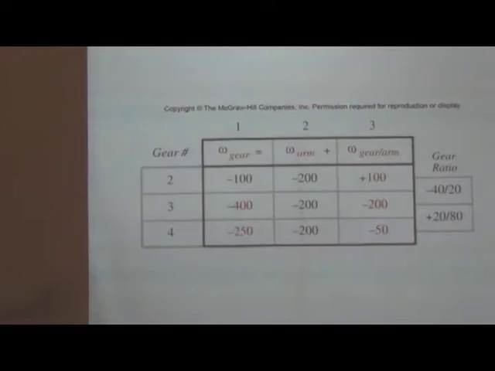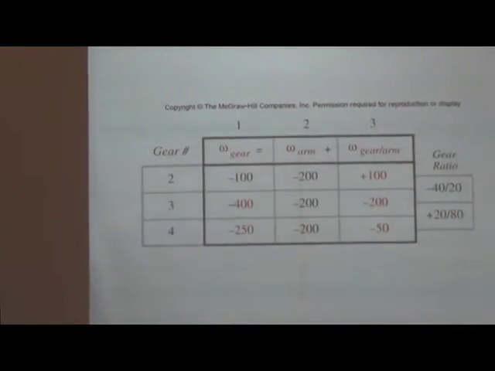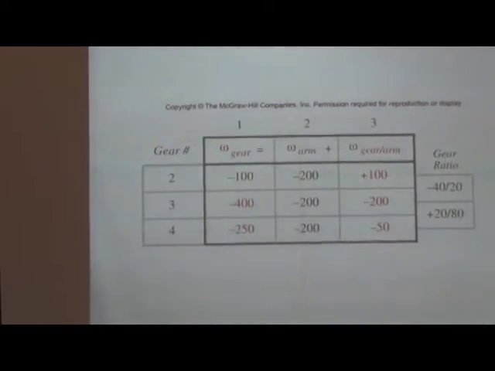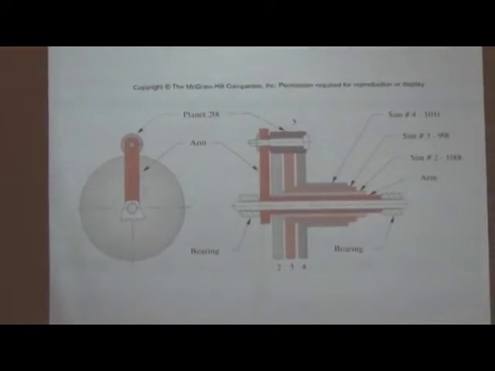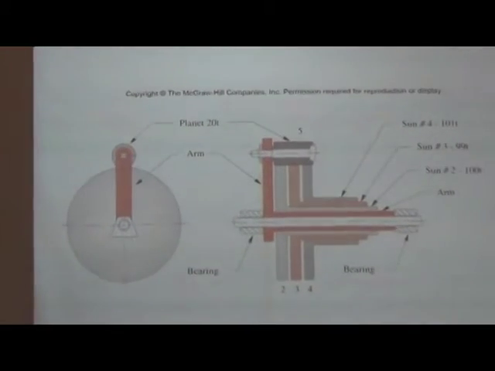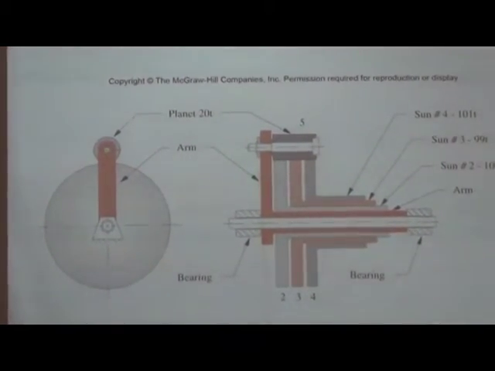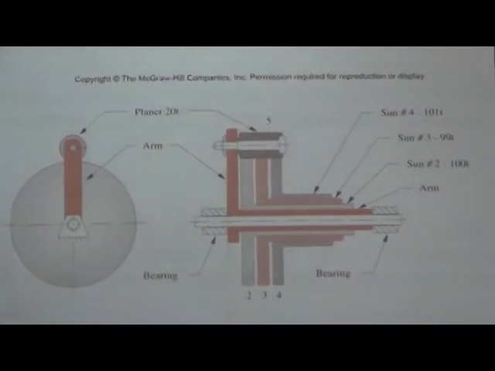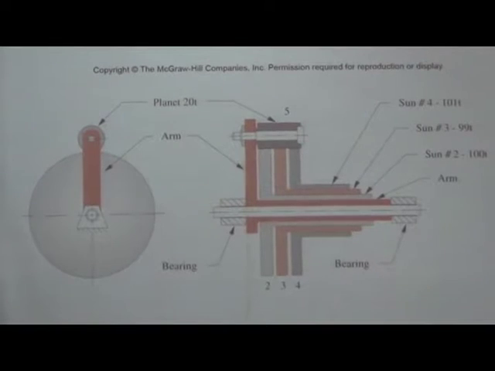You understand? So this is how we fill and get it. This is basically from the same formula, but we enter and get it. So what is interesting is this. This is an epicyclic gear, but you have more than one sun gear.